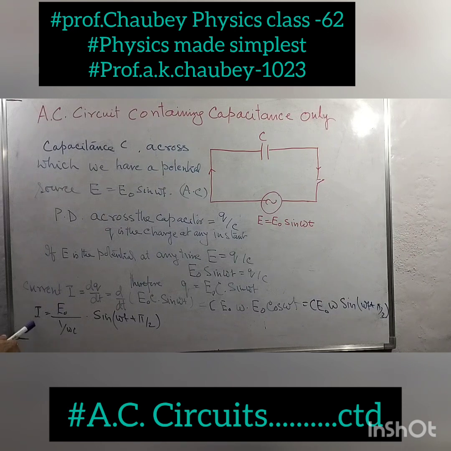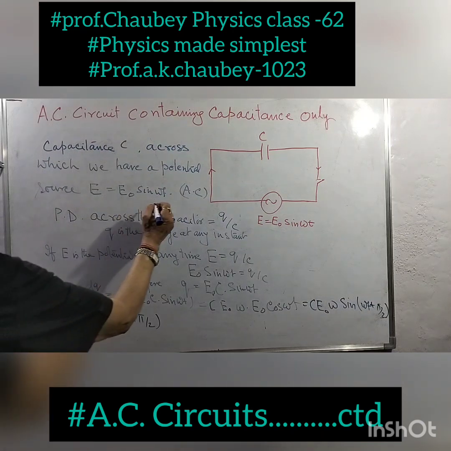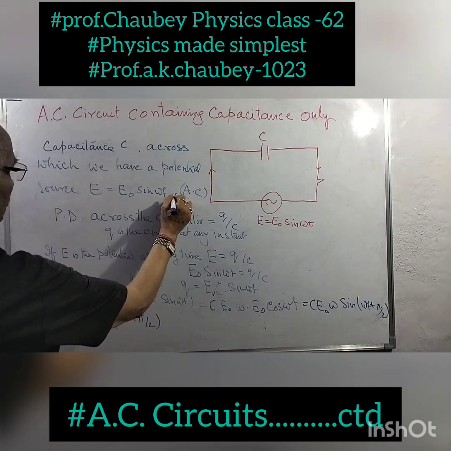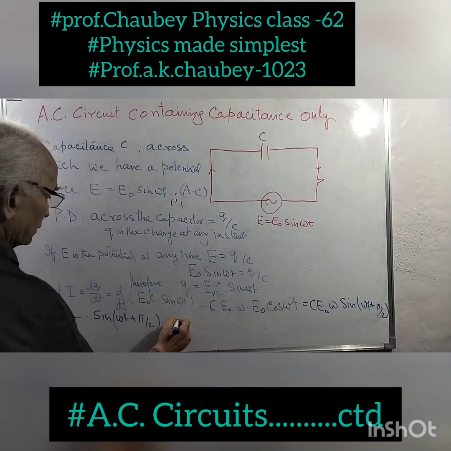So what is the meaning of this expression? I can number these expressions. Earlier I had not put any number, so the potential given was equation 1, and this I can write as equation 2.